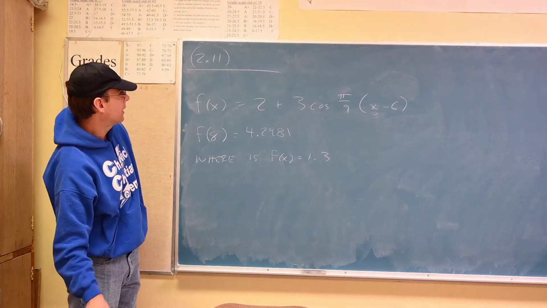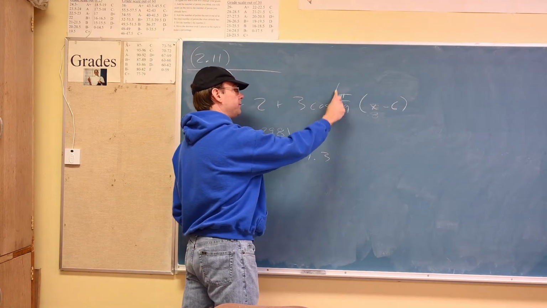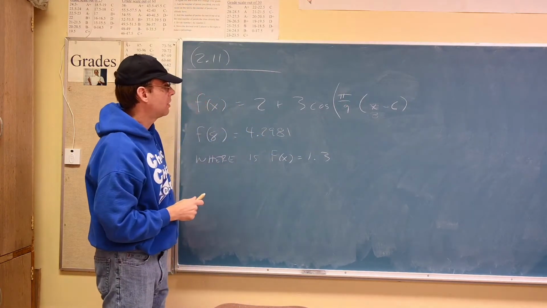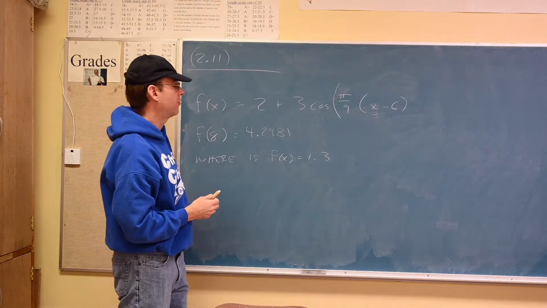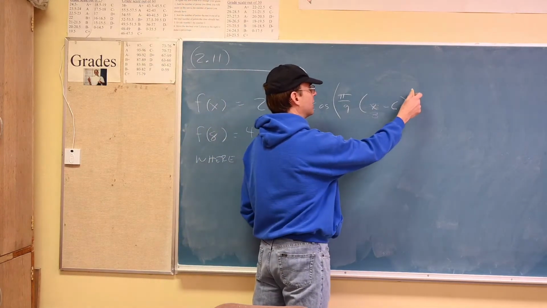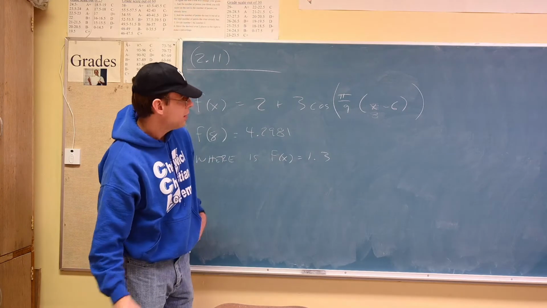When you push the cosine button on your calculator, it'll automatically start you with a set of parentheses. The finish of those parentheses could go there.